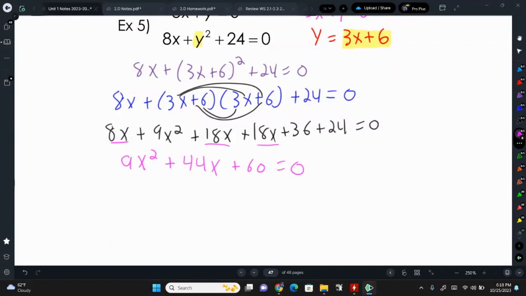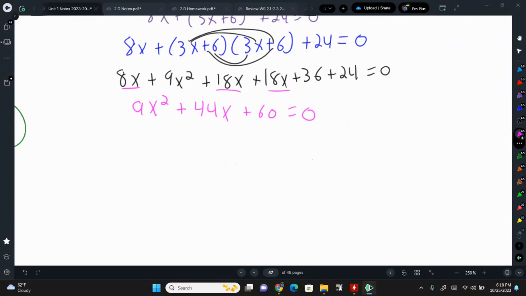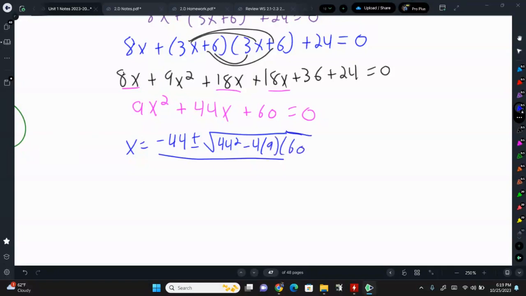So then we ask ourselves, can we factor that? And that one is so messy that by the time we start messing around and trying to figure out what the two numbers are and all of that, quadratic formula might be a little bit quicker. So x equals negative b, so negative 44 plus or minus the square root of 44 squared minus 4 times 9 times 60 all over 2 times 9.